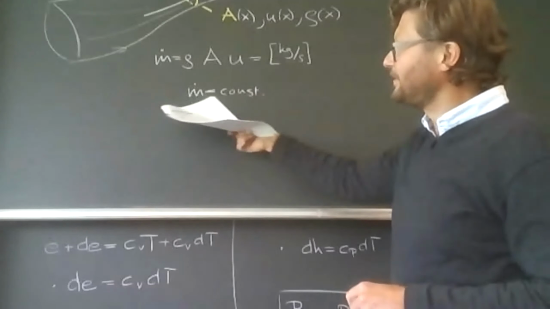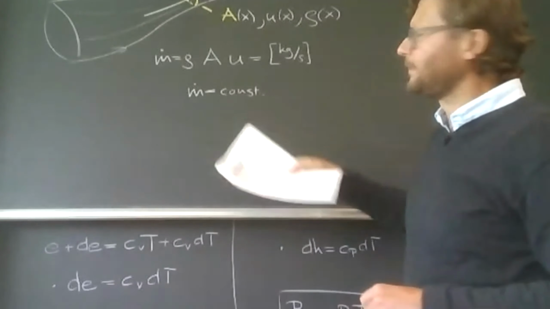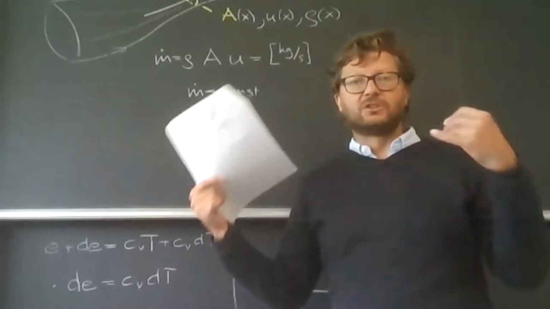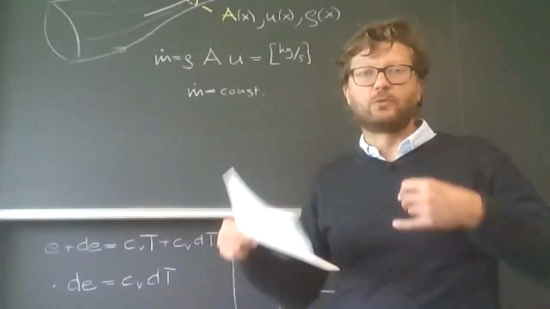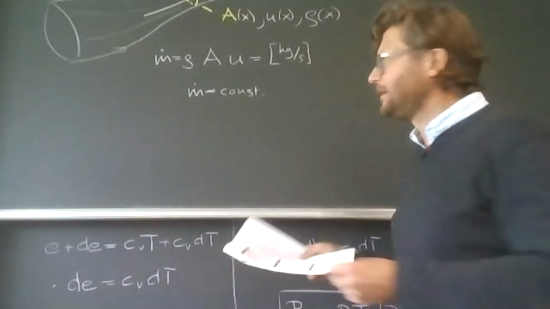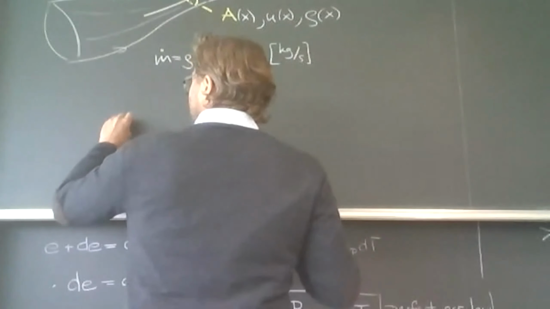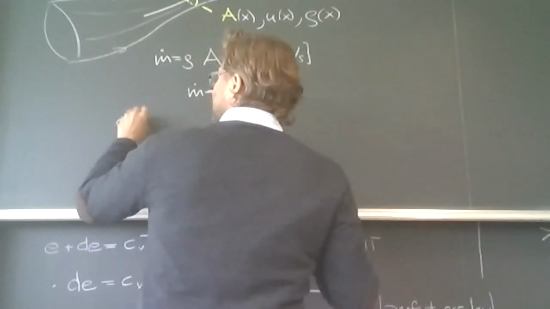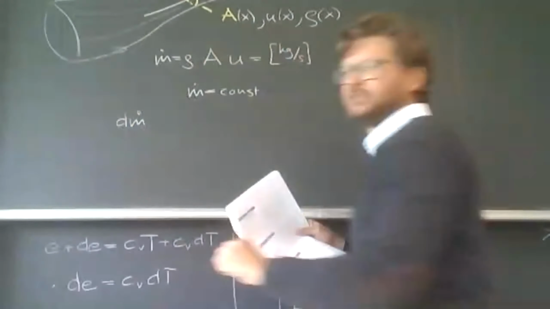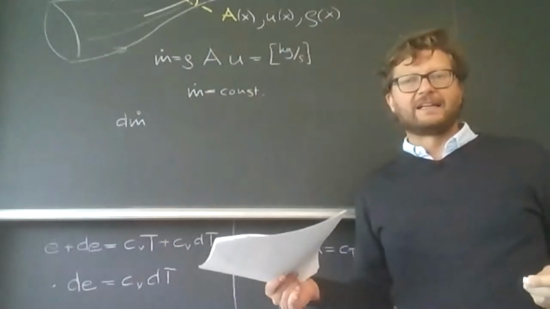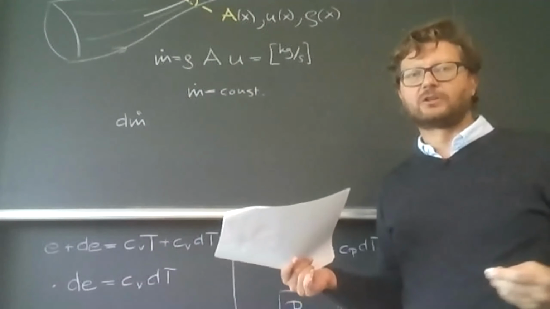So let us take this formula here and form the total derivative. So we are trying to understand what an infinitesimal change of the mass flow rate can look like.